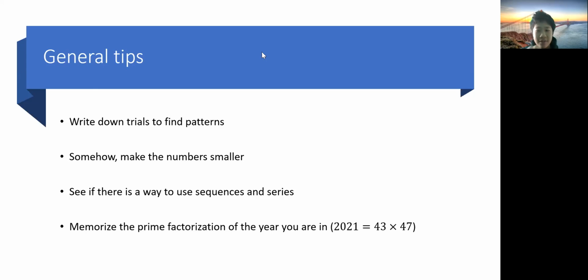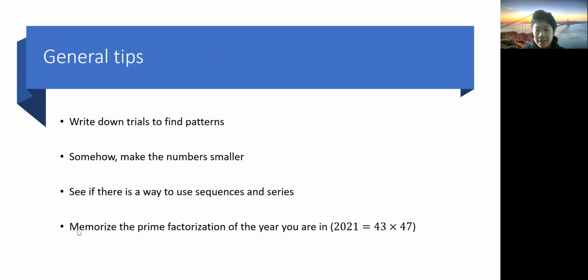Number theory is very closely related to sequences and series. If you're really stuck, look for ways to put in a sequence or series, or solve for a series, because those are patterns as well. Number theory has a lot of patterns, and sequences and series also have a lot of patterns, so naturally they go together.